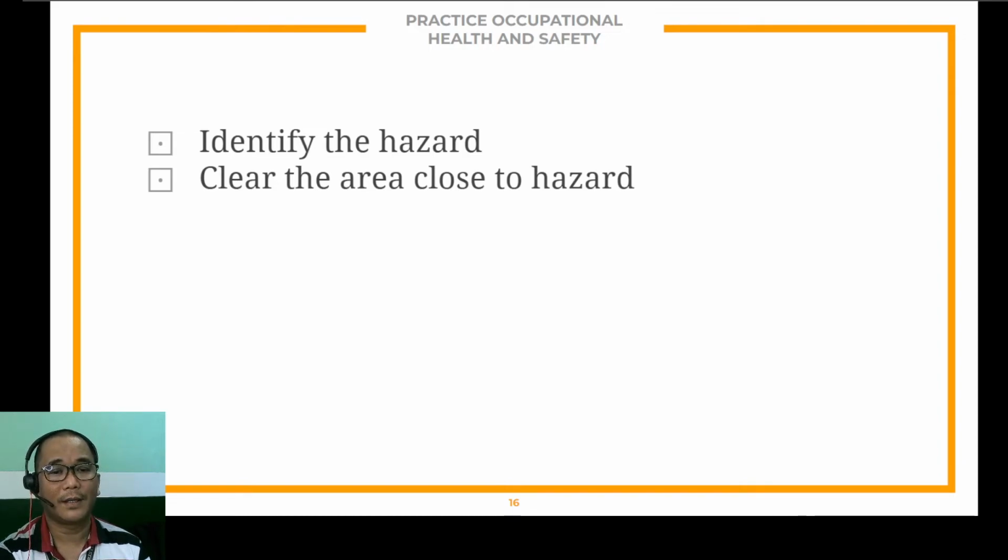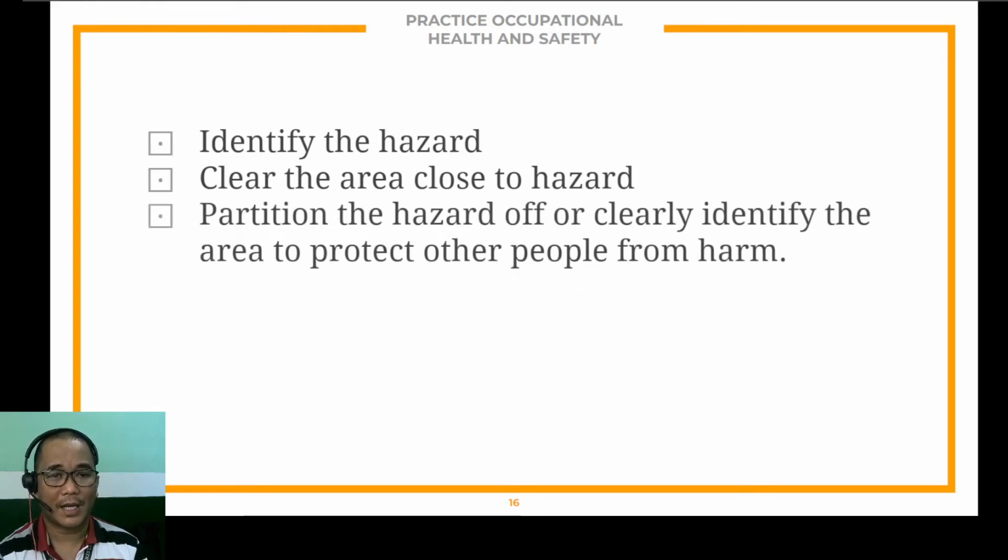Then the third one is to partition the hazard off or clearly identify the area to protect other people from harm. So you need to protect this hazardous area and put up some signage to protect other people from that hazard.